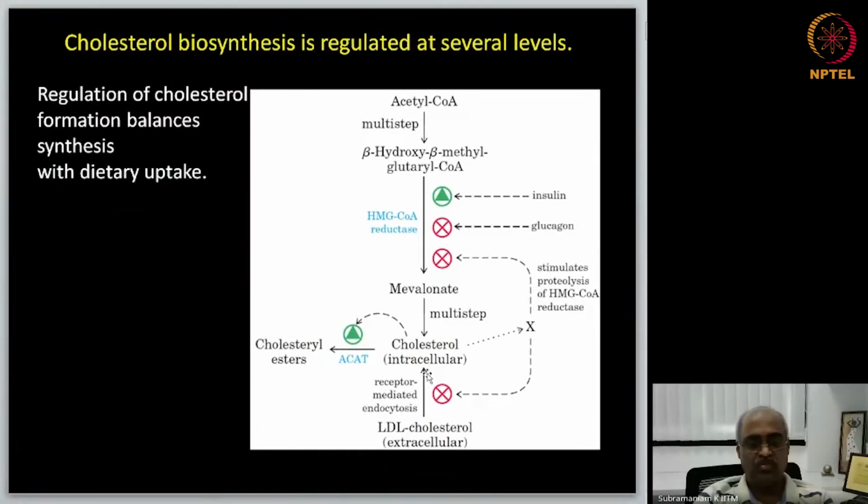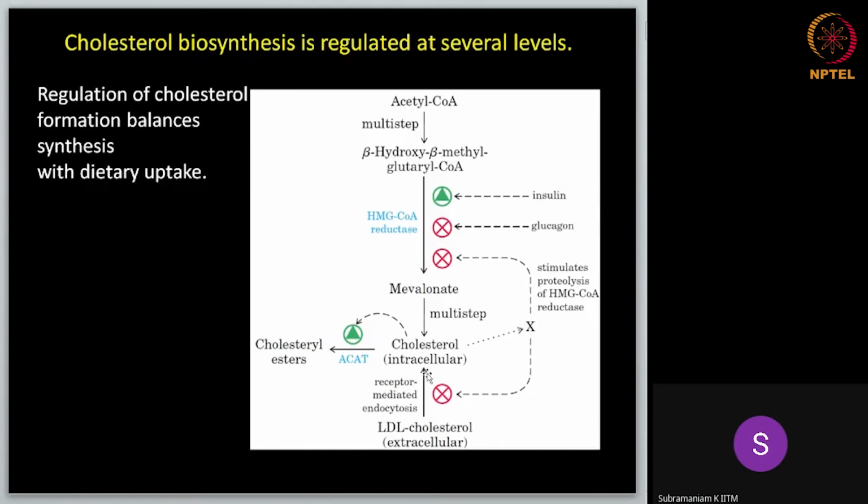Therefore the LDL receptor gene transcription is inhibited by cholesterol. That is one role it does, and it also stimulates proteolysis, by an unknown protein, the degradation of HMG-CoA reductase.